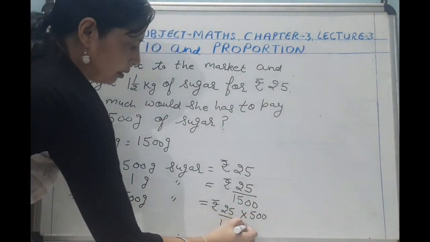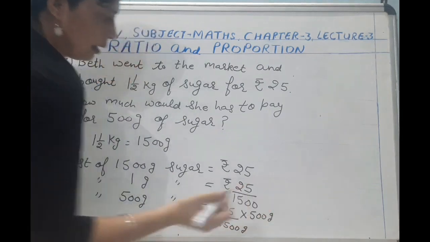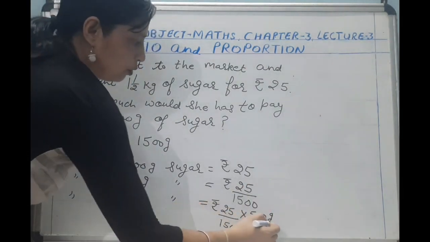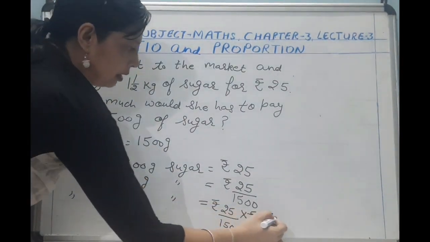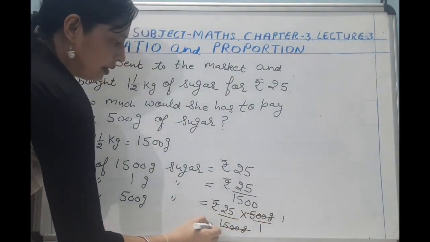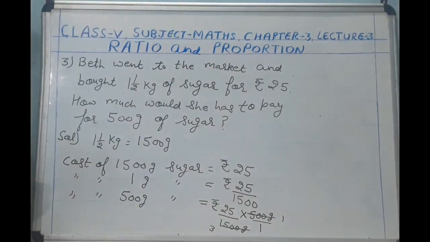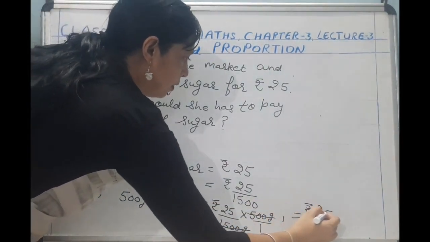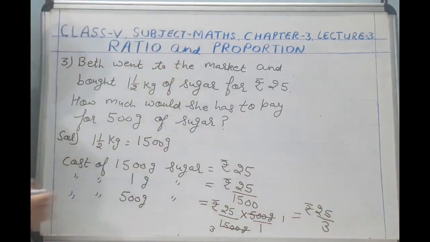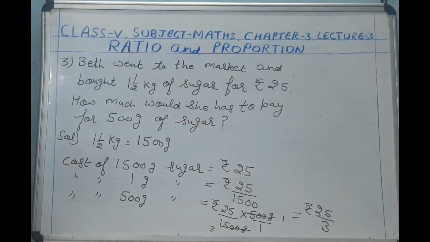So gram here and gram here will cancel. If you want you can write down 500 upon 1. Now 500 ones are 500, 500 threes are. Right? So now you are getting rupees 25 upon 3. This is the cost of 500 gram sugar. Now we will do division.